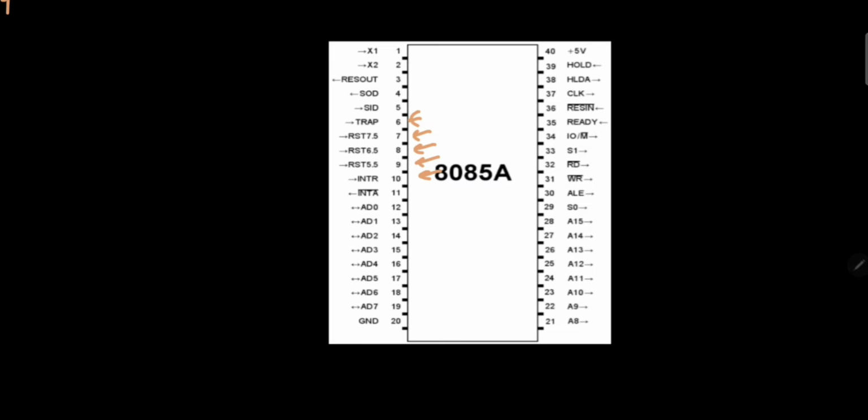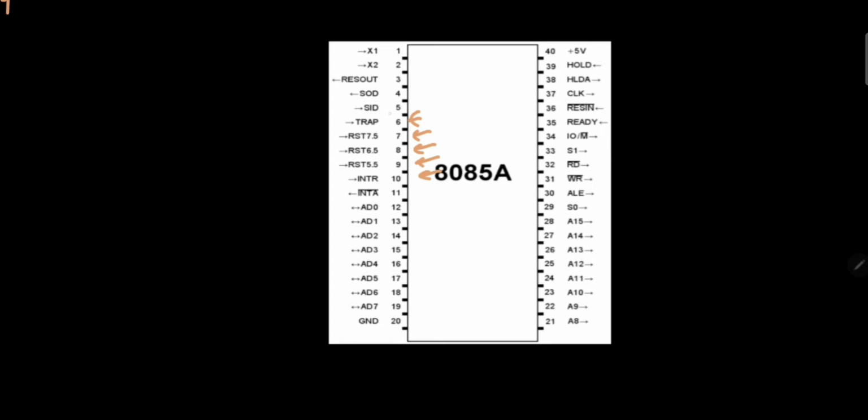These pins, as you see, are hardware, part of the 8085 microprocessor. A device would be connected to these different pins. Now imagine one of the devices connected to the TRAP would send a signal here. All of these 5 pins are input pins.